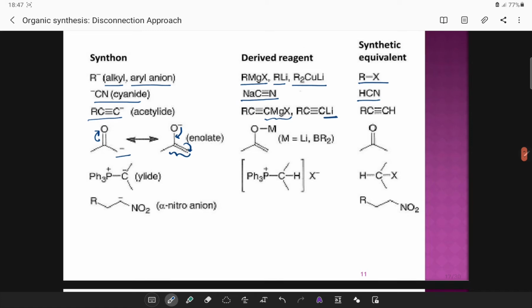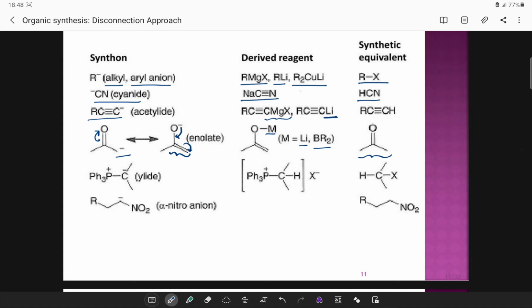Now, such type of synthons can be seen if I can get an O with a metal system. That means this M system is associated either with a metal or boron dialkyl system. Their synthetic equivalent can be a carbonyl carbon with a long chain system present, or it can be a presence of methyl system.